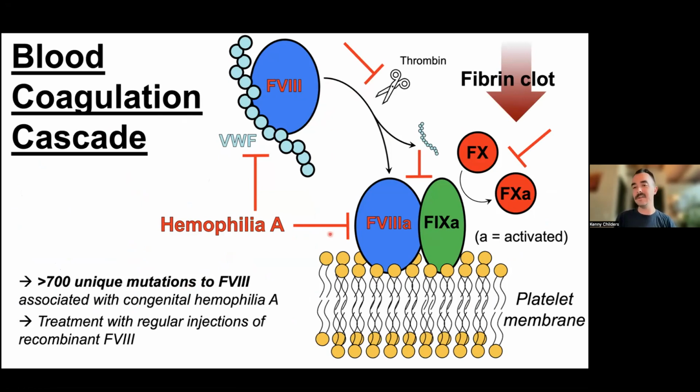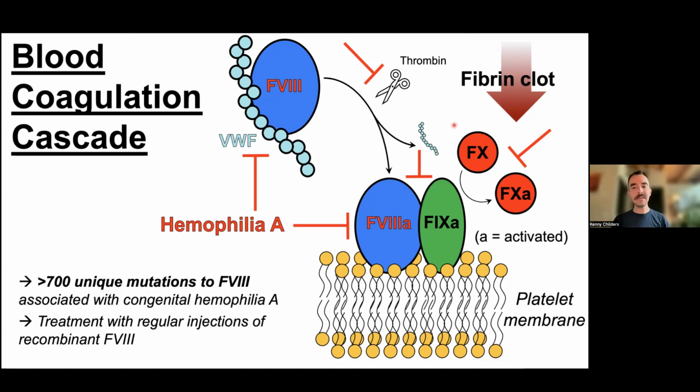There can be a mutation that disrupts binding of factor VIII to phospholipid membranes, or binding to activated factor IX or factor X, or binding von Willebrand factor. There can be some point mutation to factor VIII that's going to disrupt the factor VIII biochemistry. But ultimately, all this is going to lead to a reduction in the formation of a fibrin clot and uncontrolled bleeding events in these patients.